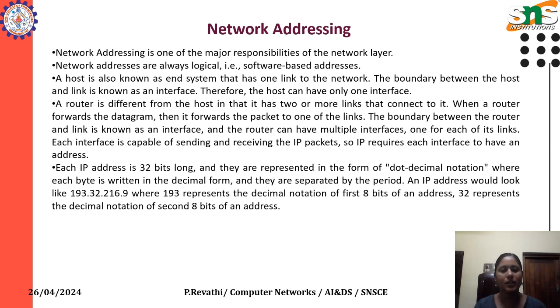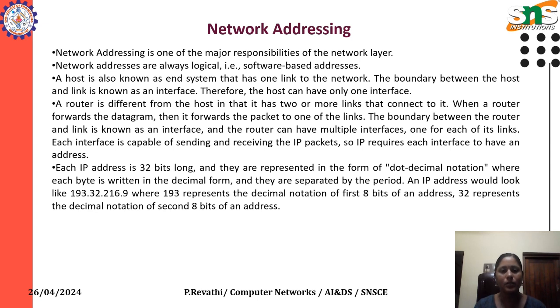Each interface is capable of sending and receiving the IP packets, so IP requires each interface to have an address. Each IP address is 32 bits long and they are represented in the form of dotted decimal notation, where each byte is written in the decimal form and they are separated by the period.